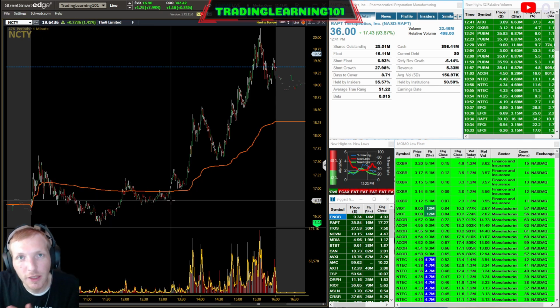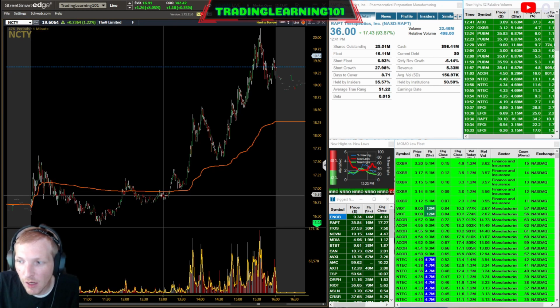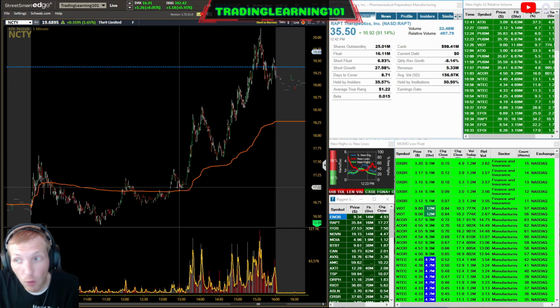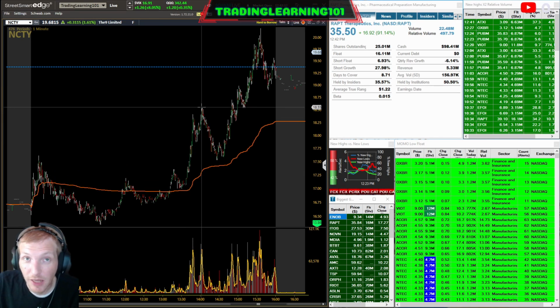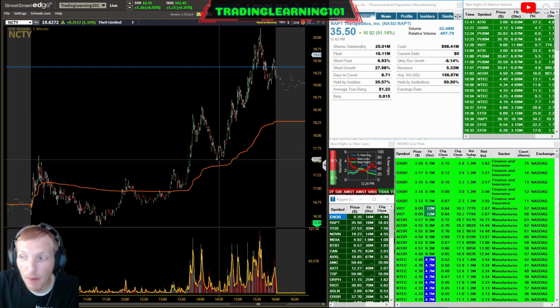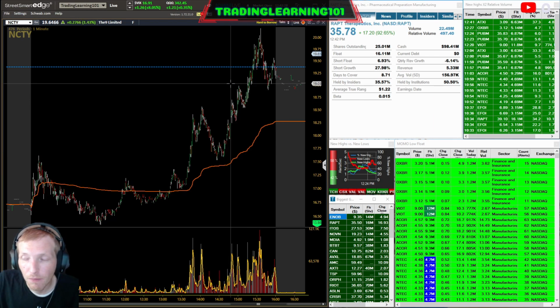Then going into the afternoon trading hours, it gets up above it, pulls back, holds VWAP at $17, and from 17 gets a nice ramp to 18.50. Then pulls all the way back down to the VWAP, bounces right off of the VWAP, right on up.